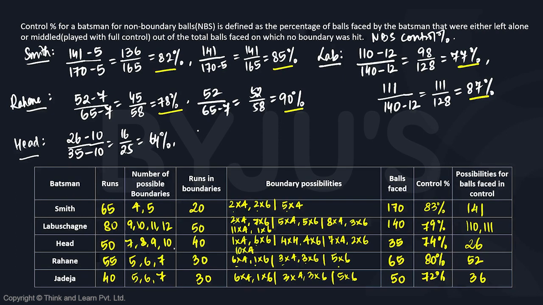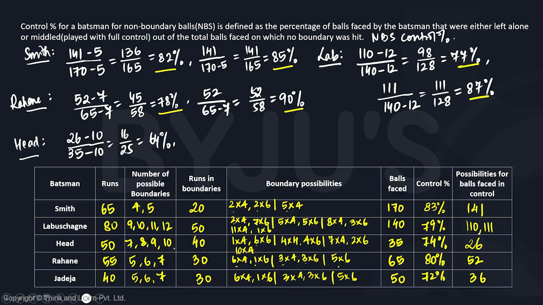Or we can have the highest percentage control being, we need a 10. 26 plus 10 is 36. So it's not a possibility that he did not even score a single boundary out of those 26 balls that he has faced, right?